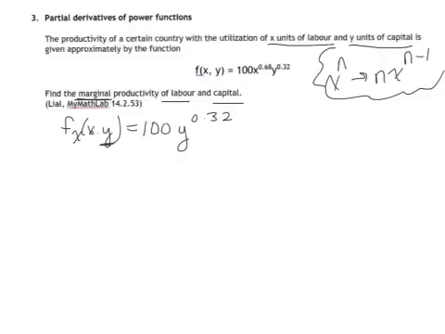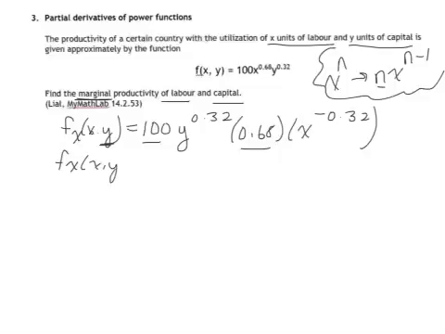So we've got to bring the 0.68 down. That's our n in the front here. And then x to the n minus 1. So 0.68 minus 1 will give us an exponent of negative 0.32. So let's simplify. We're going to multiply 100 by 0.68 together.